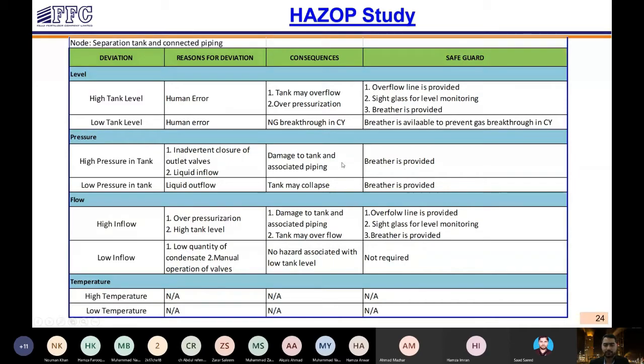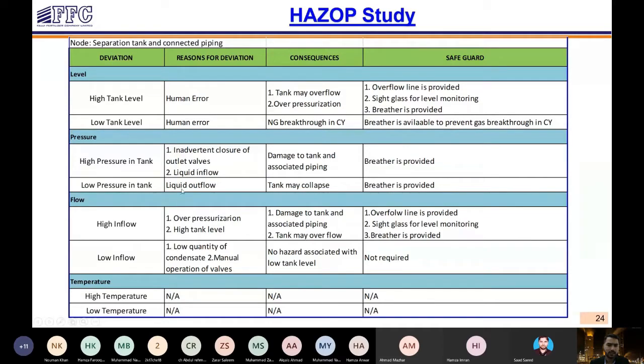So we have catered for the breathing and vent system in case of overpressurization. That would only be caused once the operator opens the valve too much, and along with liquid, there is gas breakthrough from the natural gas system into this tank.